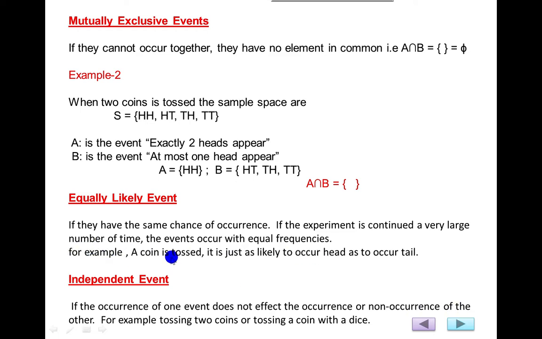For example, when a coin is tossed, it is just as likely to show head as to show tail. Equal chance of occurrence. If you throw a coin, maybe head occurs, maybe tail occurs. You cannot say the first time head will occur and the second time tail. No. Equal chance. Maybe first head, maybe first tail.